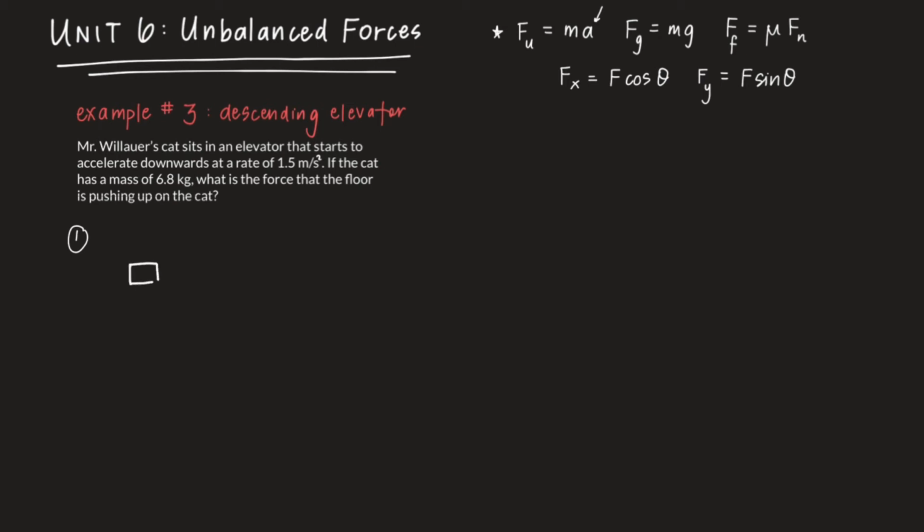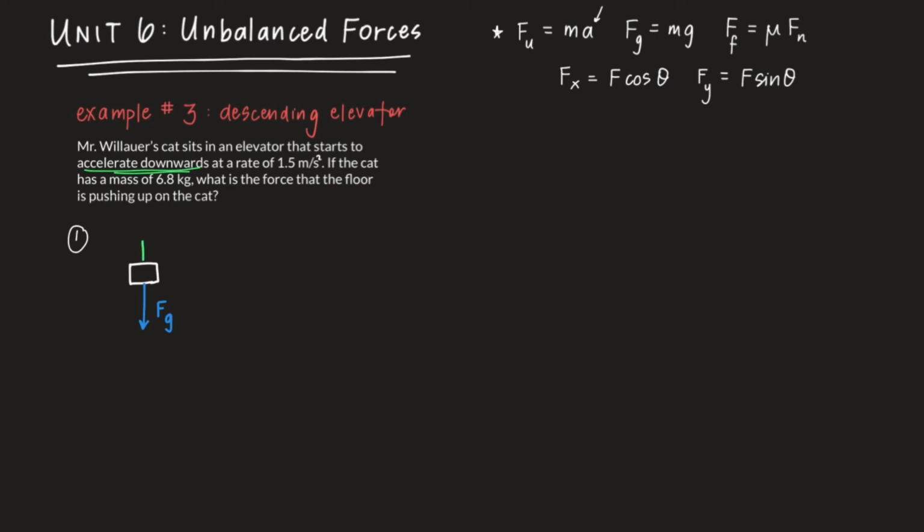Okay, so Mr. Willauer's cat, that's what I'm representing with the box here. Mr. Willauer's cat lives on Earth, so we're going to have FG pulling down. And it is sitting in an elevator, and that elevator starts to accelerate down. So if it's going to accelerate down, that means that the unbalanced force has to be down as well, which means that FG has to be winning the tug of war.